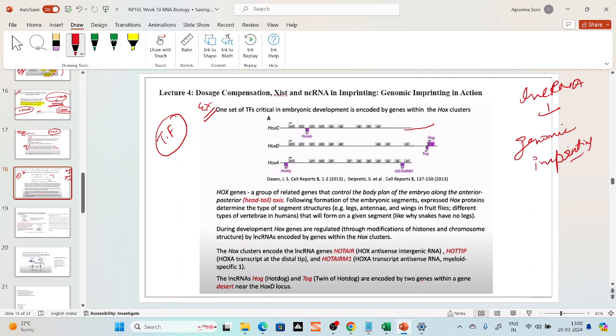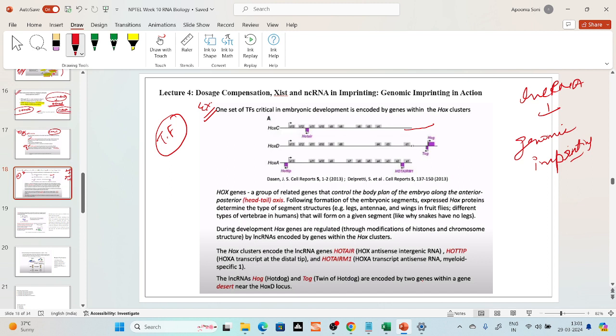Now these Hox genes are modified or regulated with the help of some long non-coding RNA, which are known as HOTAIR long non-coding RNA. So during development, Hox genes are regulated by long non-coding RNAs, and this long non-coding RNA, known as HOTAIR, is also encoded within the Hox gene cluster only.